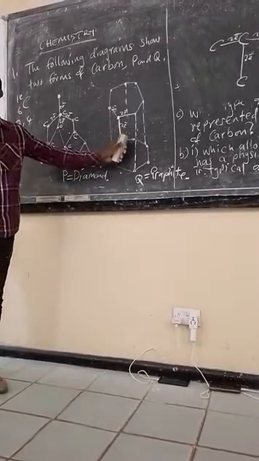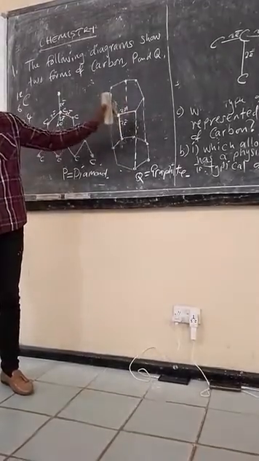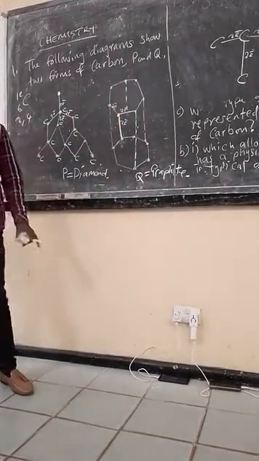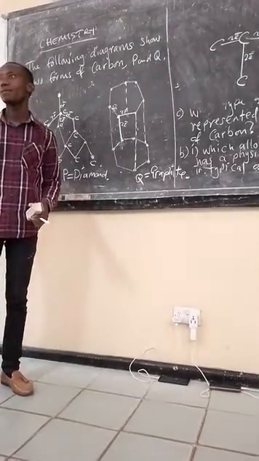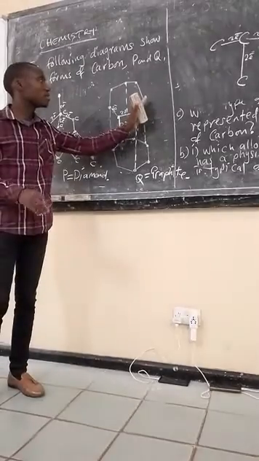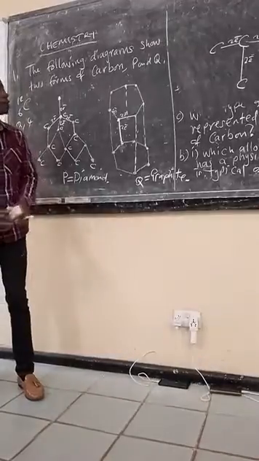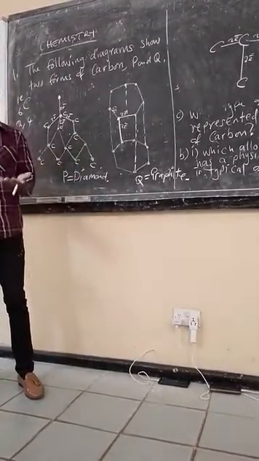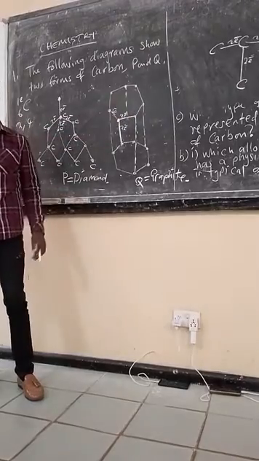Then graphite. Because graphite is soft, one, it is used as a lubricant to reduce friction. Most of these, you find that the bearings are made up of graphite. Why? Because it's soft. So to reduce friction, they will put graphite.